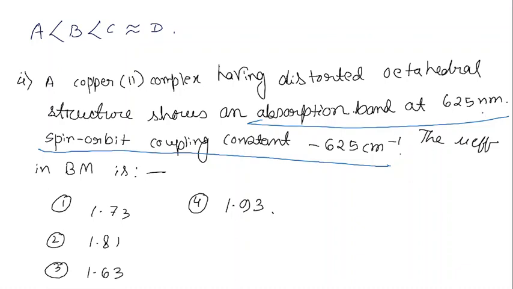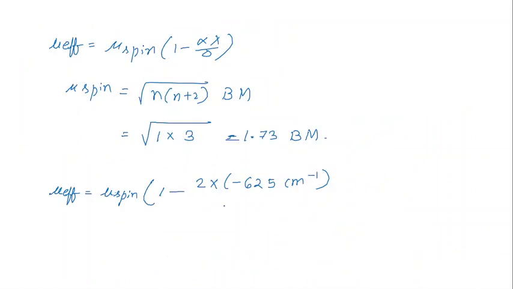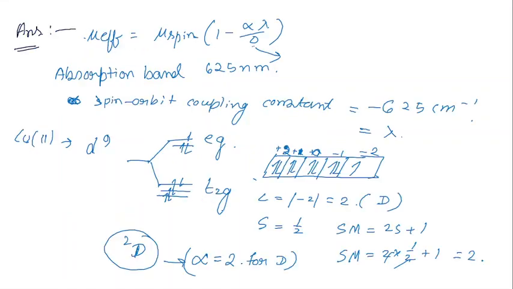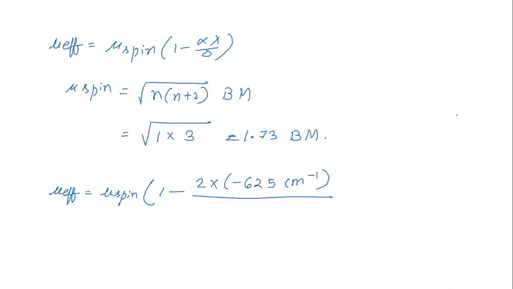Because if they are in the same unit, they will cancel each other, since the ratio doesn't have any unit. So this is the value of lambda, the spin orbit coupling constant, and the delta value is the one they provided, 625. How is it calculated?